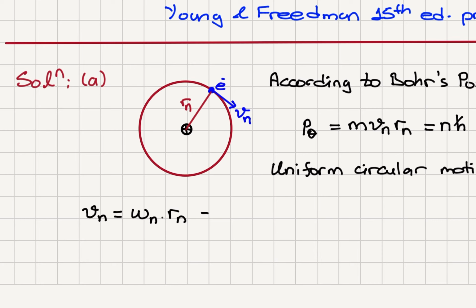The angular frequency is 2 pi times the frequency, so v sub n equals 2 pi f sub n times r sub n, so that the frequency of the revolution can be written as v sub n divided by 2 pi times the radius of the orbit r sub n.